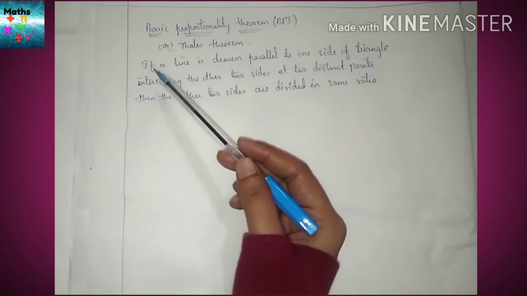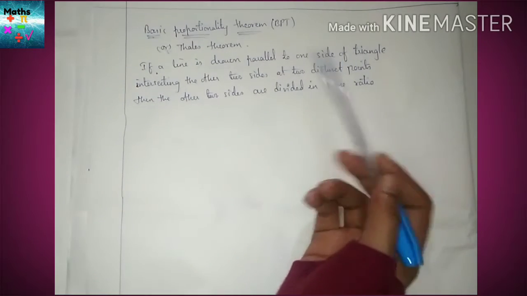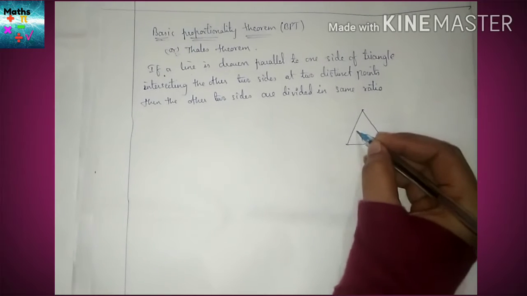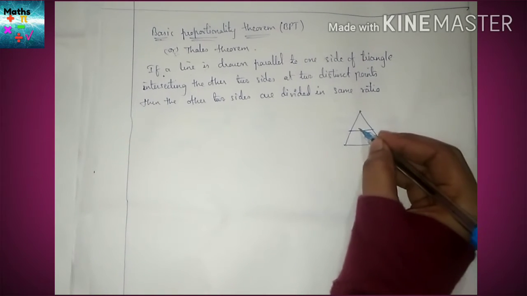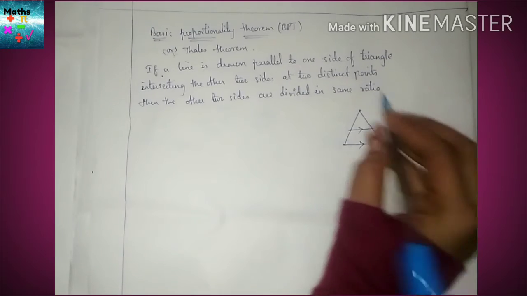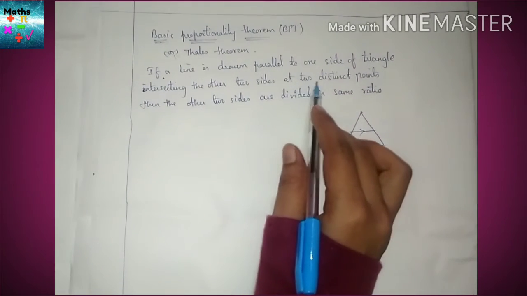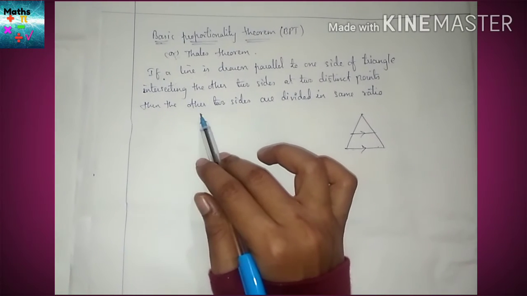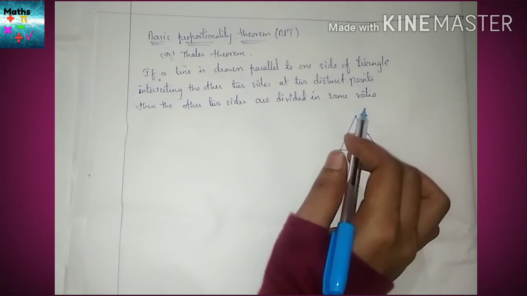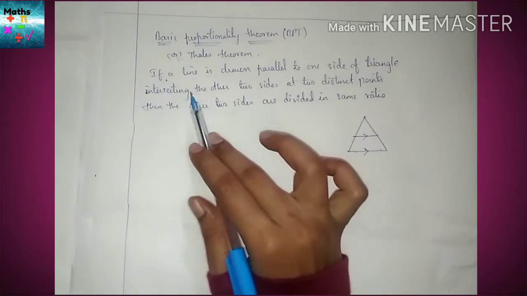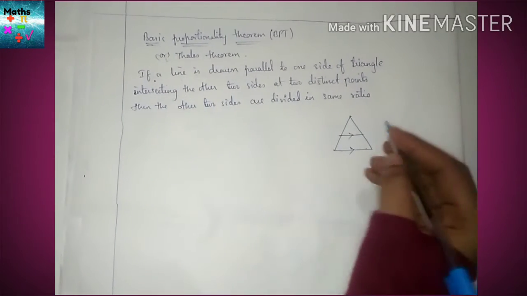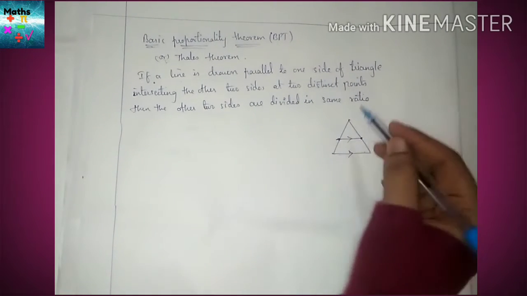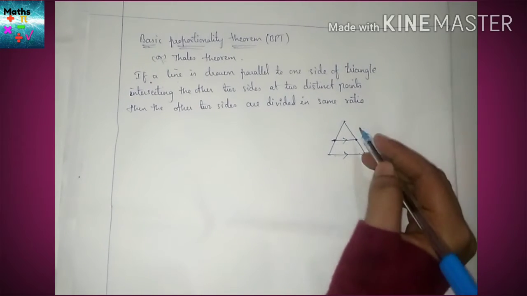The statement is: if a line is drawn parallel to one side of a triangle, so I am drawing a line which is parallel to one side of the triangle, and it intersects the other two sides at two distinct points, then the other two sides are divided in the same ratio.